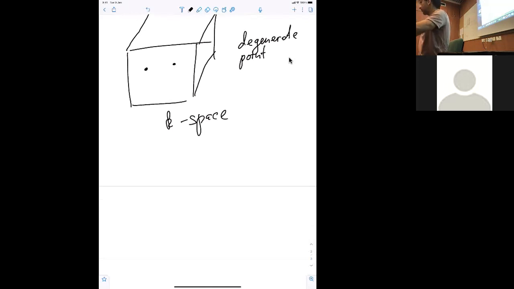Typically you will have a number of these points. These points always come in pairs, as we will see, and we will always have an even number of these points.